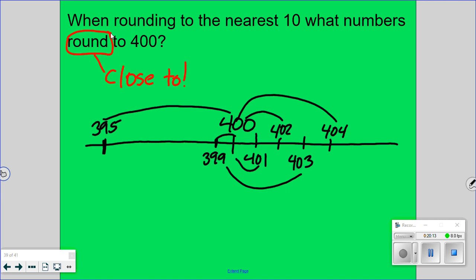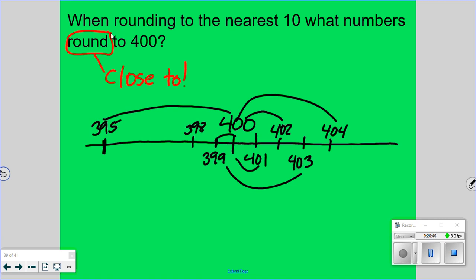What about 405? That would be right in the middle. Would that round to 400? No. If it was right in the middle, it would round up to 400. Yeah. I still have some other numbers that are going to go to 400. Can you think of them? Samaya? 398.